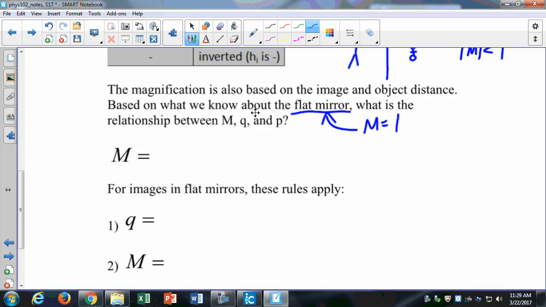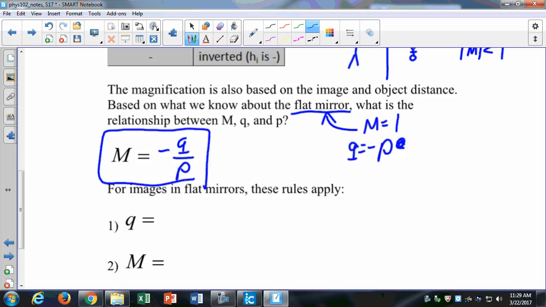And we also know that q is equal to negative p, because of the relationship with virtual images: it produces virtual images, so you have to negate that p value to make it negative for q. So the ratio for the magnification of a flat mirror is going to be negative q divided by p. This is on your equation sheet.